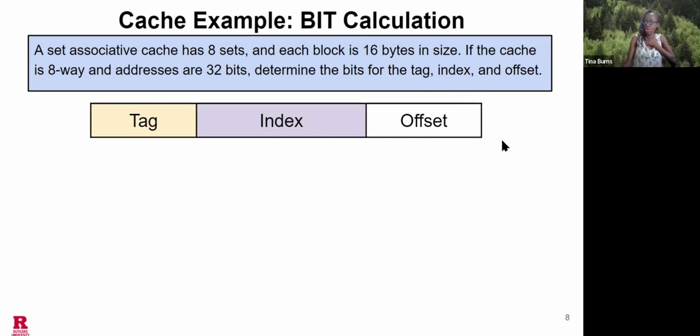Now, what did I say the offset bits were? I said that the offset bits were associated with, and I'll put this in as notes, my block. That's my offset. Your index is associated with your sets.